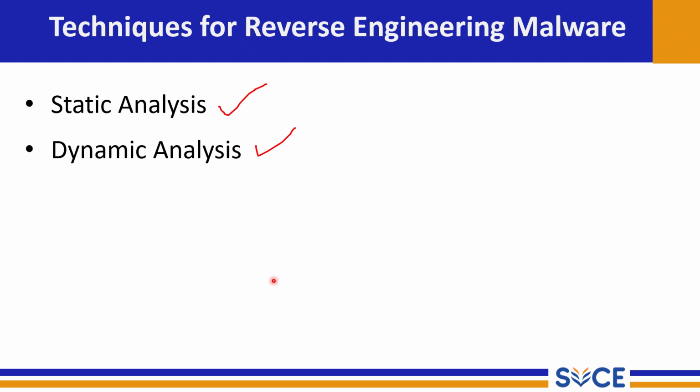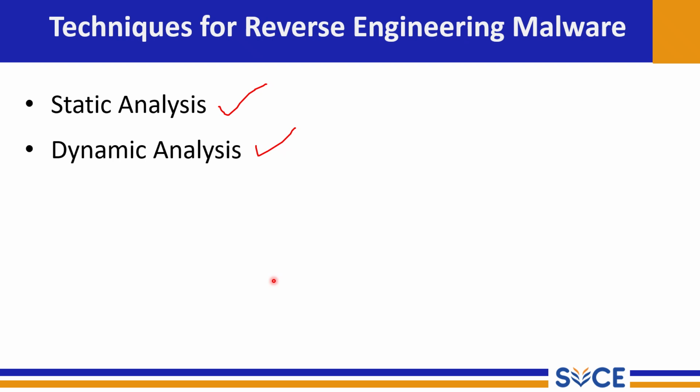And second, we have to perform static analysis. We have to use a disassembler such as IDA Pro or Ghidra to perform the static analysis on the executable file. This can include disassembling the code to understand the program structure and behavior, and identifying any obfuscation techniques used by the malware to evade detection. Then perform some dynamic analysis.